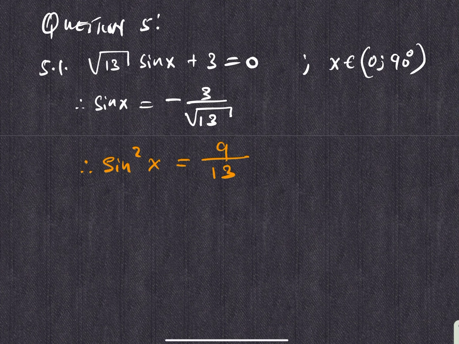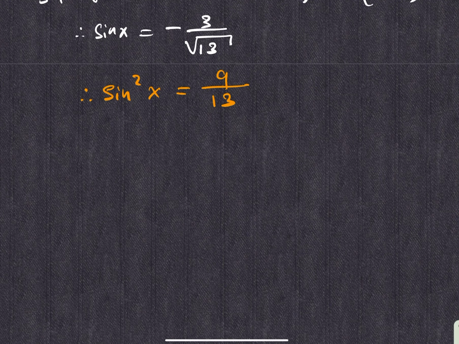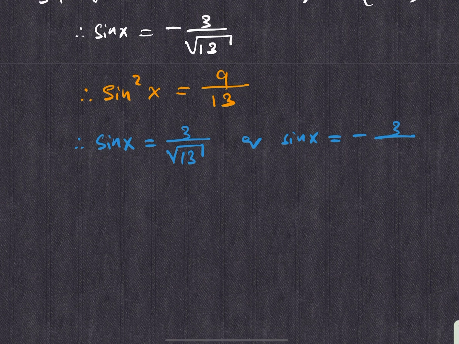Try to resolve sine x again and tell me what you get. You are going to get sine x equals positive 3 divided by the square root of 13, or sine x equals negative 3 divided by the square root of 13.